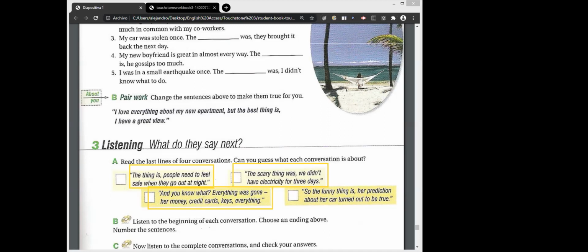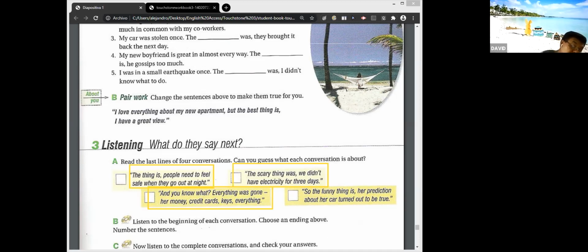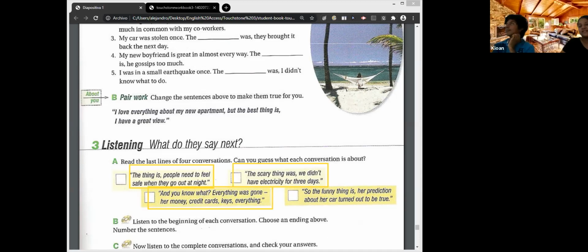I think the microphone is closed. Oh, who was the microphone? Okay. "And you know what? Everything was gone. Credit card, everything."